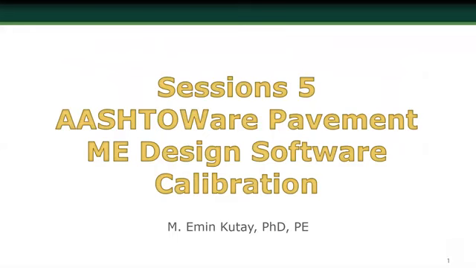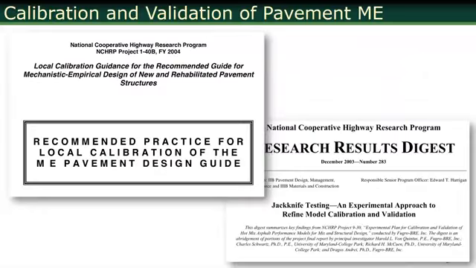Now we're going to talk about calibration. Calibration of the models is a mandatory step before use for actual pavement design. You can play with it, but for actual pavement design, you need to calibrate it.